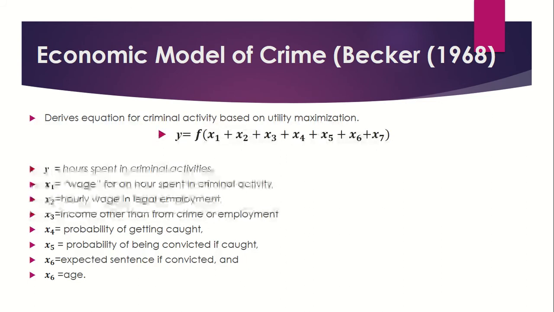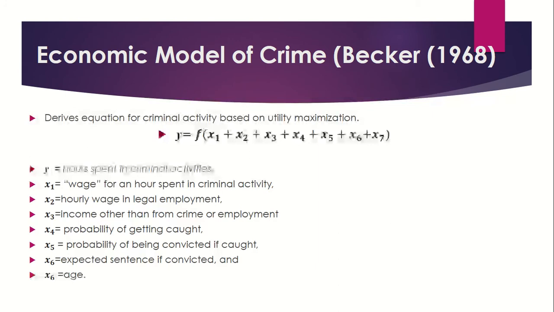He derived the equation for criminal activity based on utility maximization. And here the equation is y is a function of x1, x2, x3 till x7. This means that criminal activity is a function of all these variables.